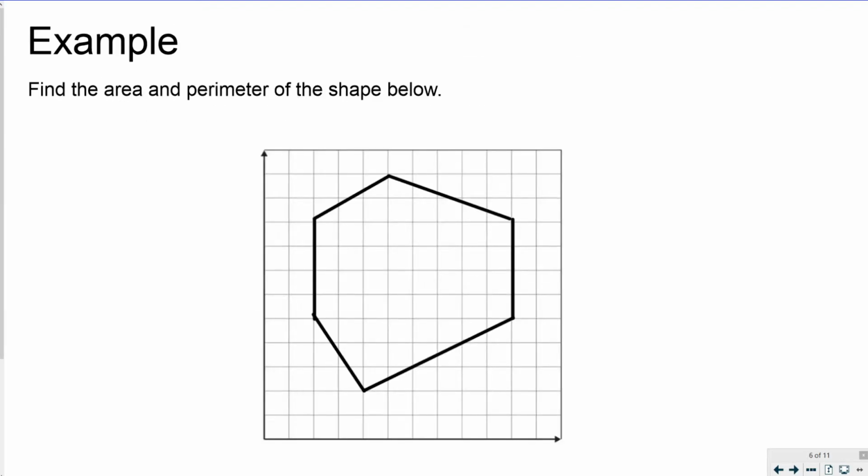So let's just get started. Find the area and the perimeter of the shape below. So I'm going to just start off by cutting the shape into fictional parts here. So immediately I have a rectangle and I have two triangles. So then what I am going to do is draw in heights for these triangles, altitudes for these triangles.